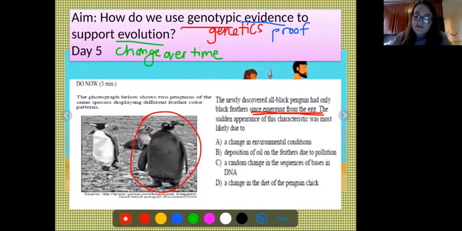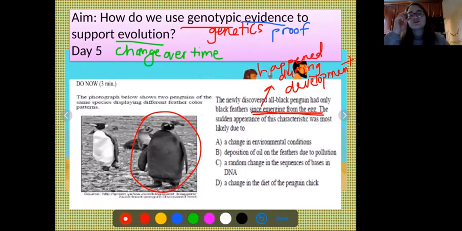It's something that happened during development. So we're looking for something that happened during development, before this penguin was born. I'll give you a hint: three of them have to do with after the penguin was born. So we've got to narrow it down to the one that's talking about something that happened before.